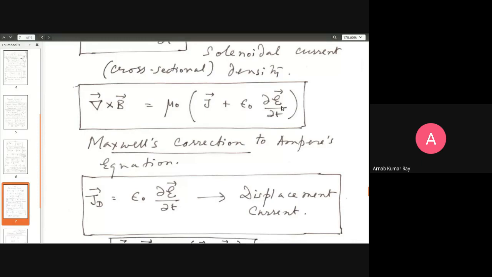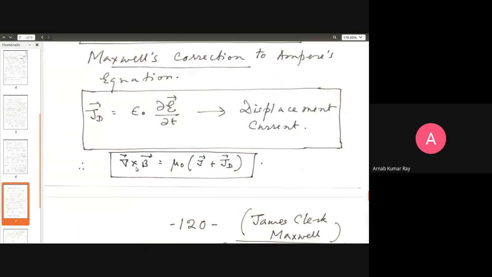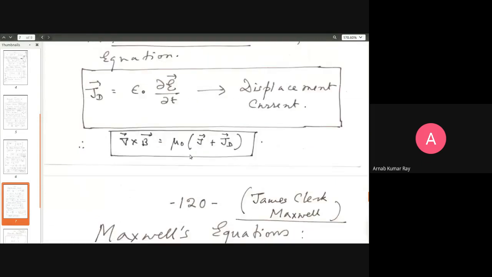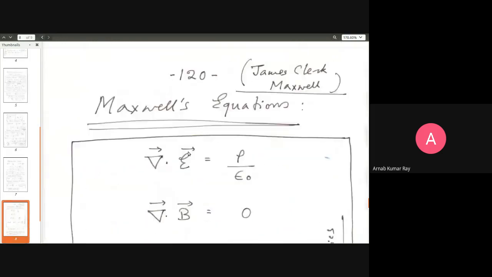And here Maxwell called this extra bit, epsilon naught del del T of E, the displacement current, subscript D, D as in displacement, JD. So in shorthand, you will have curl of B is equal to mu naught times J plus JD, where JD is epsilon naught del del T of E. So with this, now we have the four Maxwell equations.